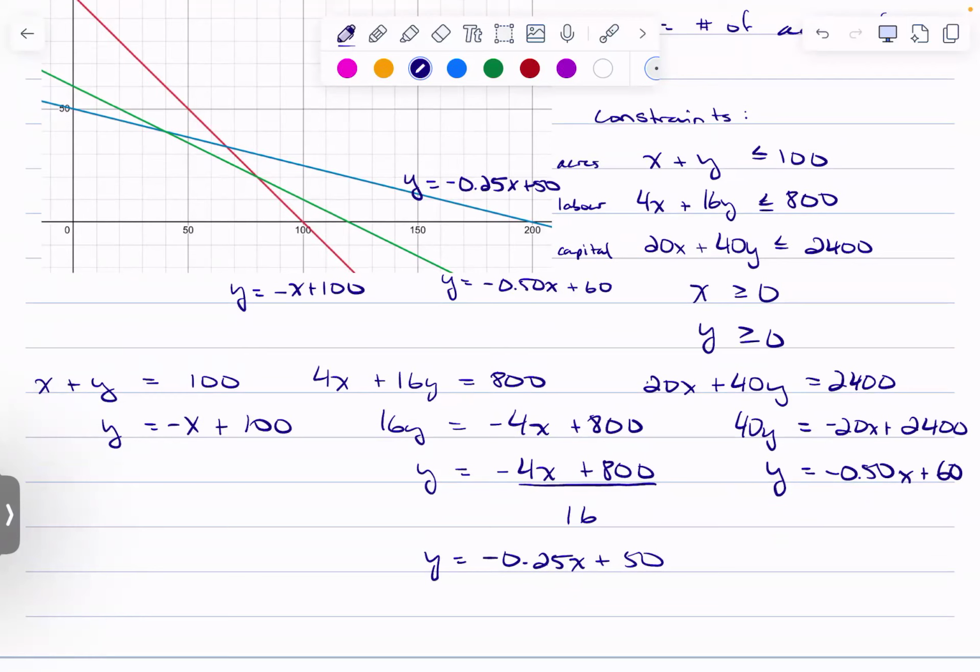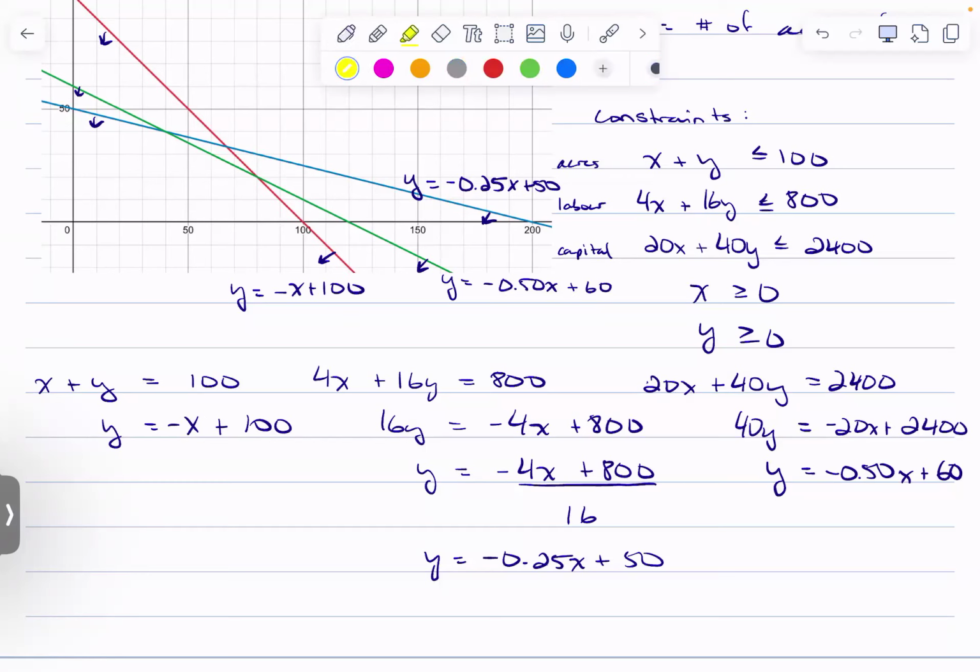Like we said, all of these have to be below the line, on this side. And if you're not sure, you can pick a test point and see if it satisfies the inequality.